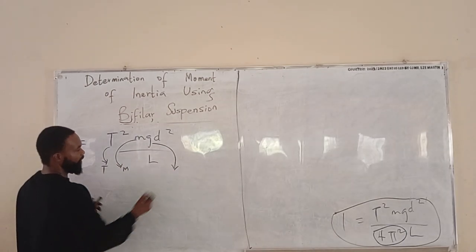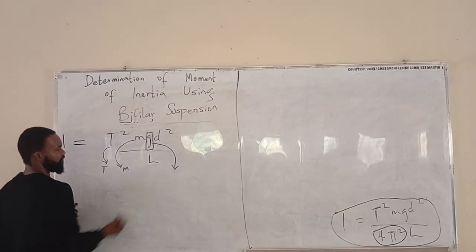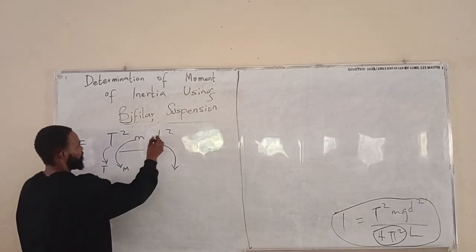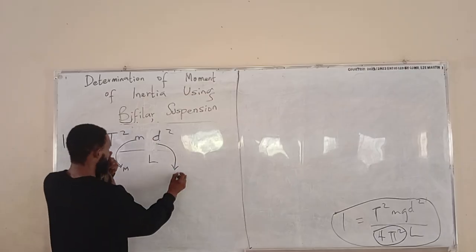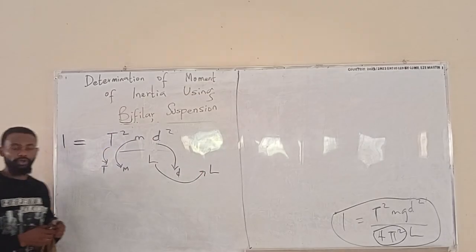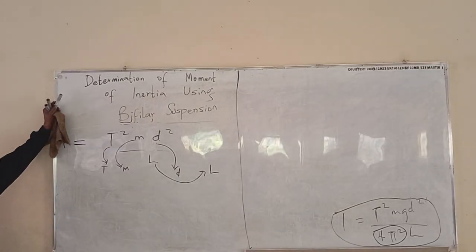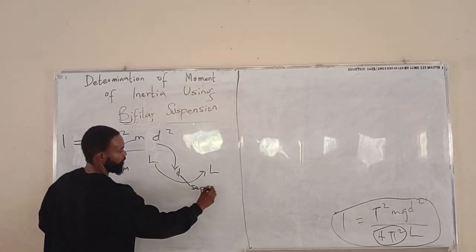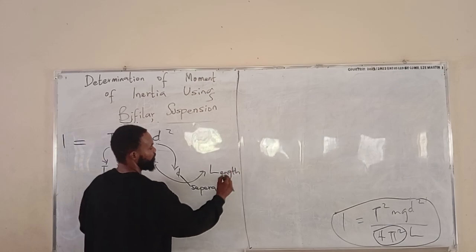This one is gravity, which is also a constant, so I'm removing it. This is a quantity called distance, and this is a quantity called length. They are the same quantity, but they mean different things in this practical. This one is simply distance of separation, and this one is simply length of string. Is it not true?